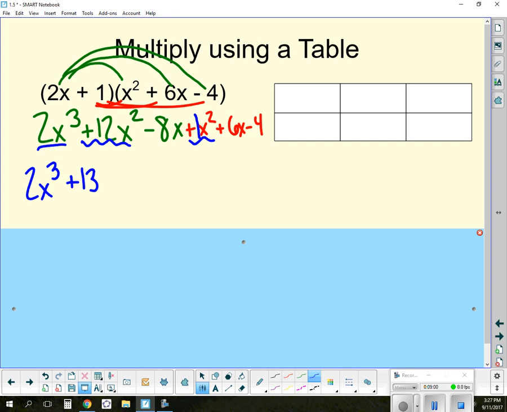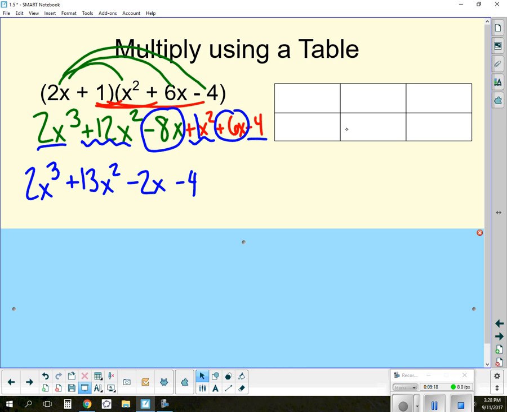So 12 plus 1 is 13. Leave the x squared. Negative 8x and positive 6x, negative 2x. And then I have a constant right here of minus 4. So that's my answer. Now let me show you what that looks like using the table.